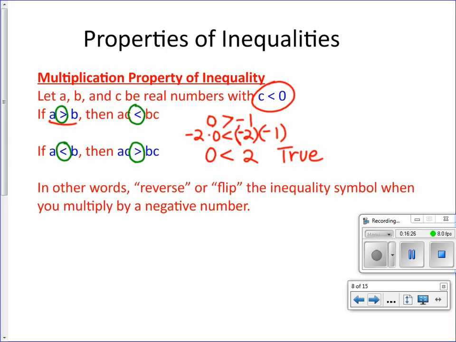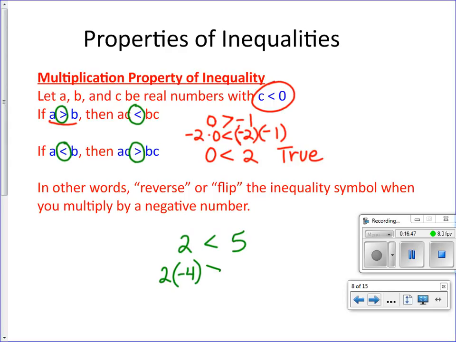Let me take one more example, and we'll take one this time where A is less than B. So let's take 2 is less than 5. And I'm going to multiply both sides by the number -4. These are just examples that I'm pulling out of the air.